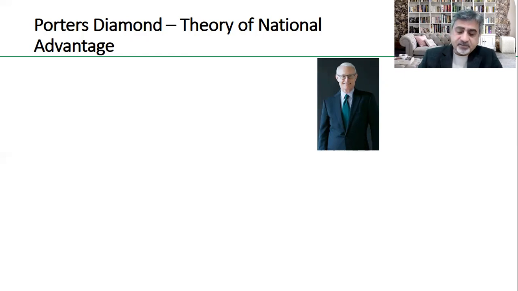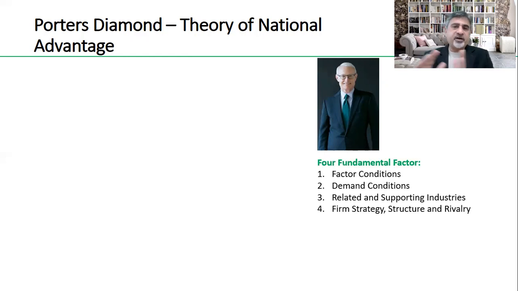He discussed the comparative advantage that Adam Smith discussed in more detail, and he came up with an idea that there are four fundamental factors which put a particular nation or country in a position to produce something better than others.